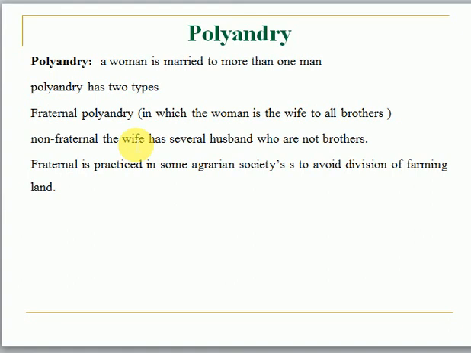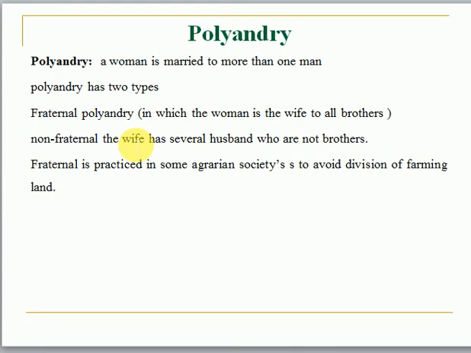That is not practiced in Islamic society. That's why we should thank God Almighty that we were born in Islamic societies. Fraternal polyandry exists in some South Asian countries and around the world.